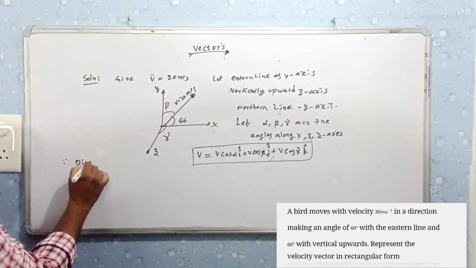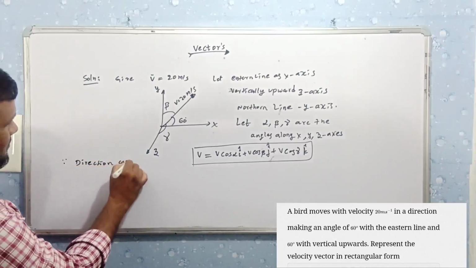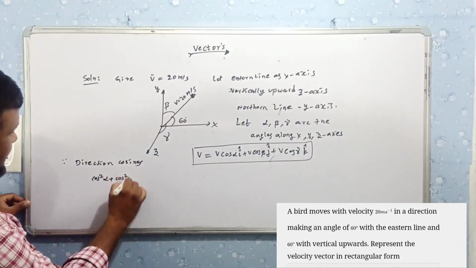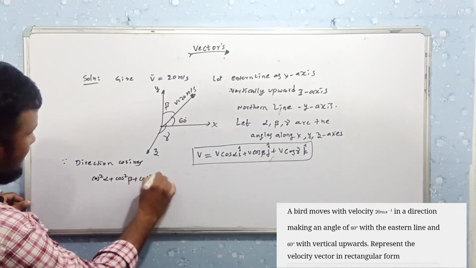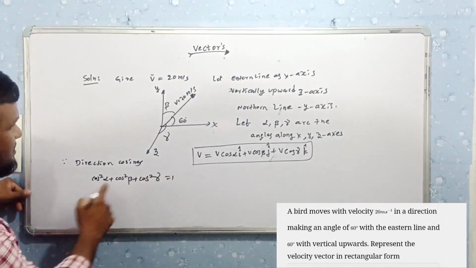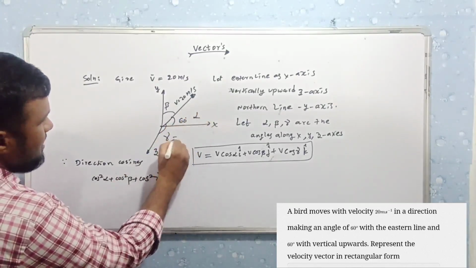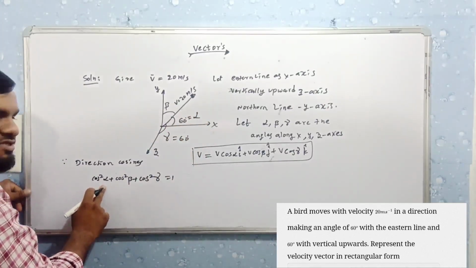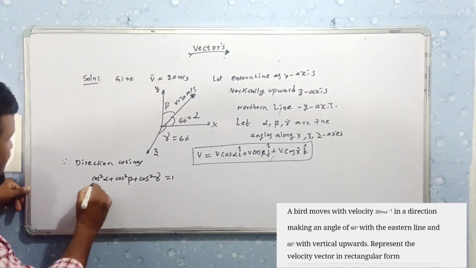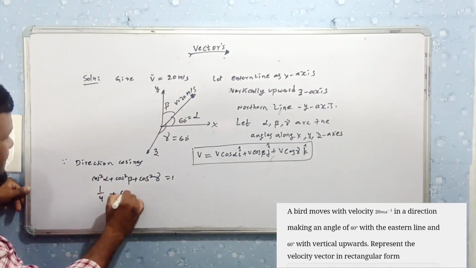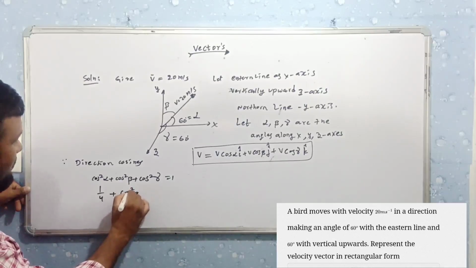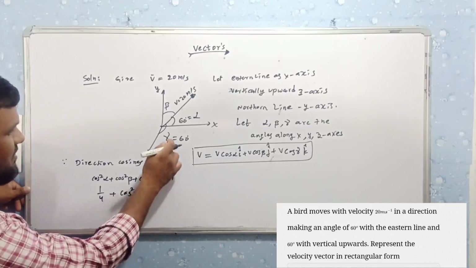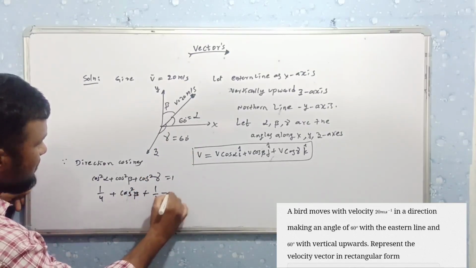Since direction cosines: cos square alpha plus cos square beta plus cos square gamma equal to 1. Alpha is 60 degree, cos 60 is 1 by 2, square is 1 by 4, plus cos square beta, we don't know beta, plus cos square gamma also 60 degree, 1 by 4, equal to 1.